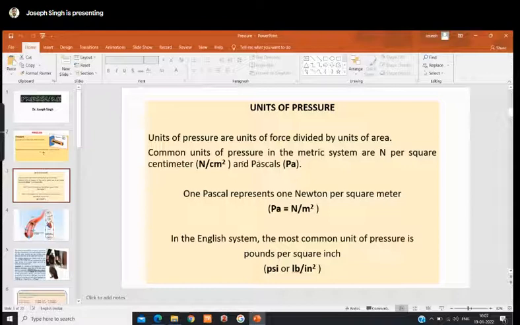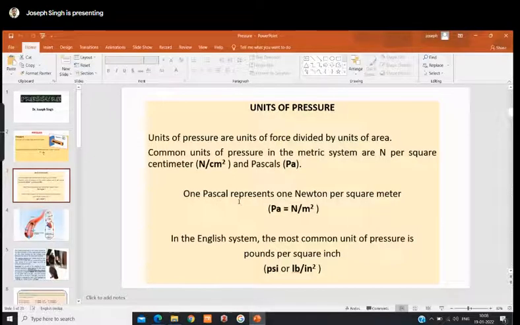And you must have seen Pascal. When you go to fill air in a bike or car, that time it is written Pascal. In the metric system it is Newton per centimeter square and Pascal.